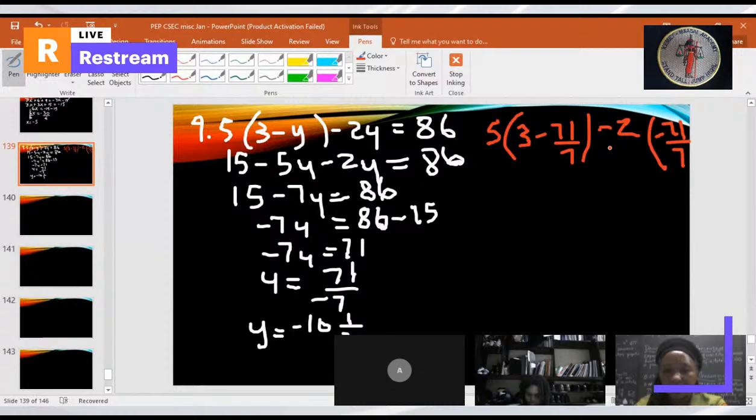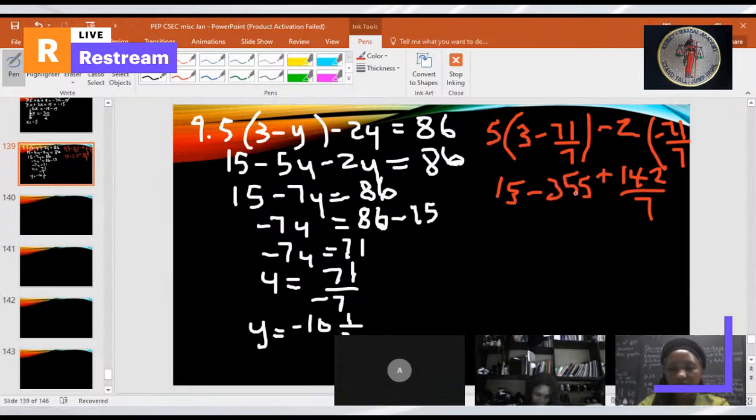This part here would give us positive 2 times 71, which is 142 over 7. And this here would give 5 threes 15, minus 5 times 71. 5 ones 5, 5 sevens 35 over 7. All right, so let's put this over 1.